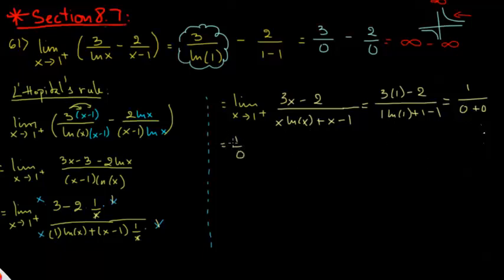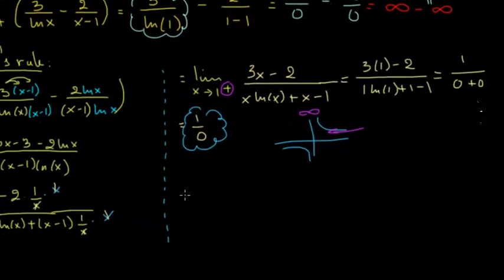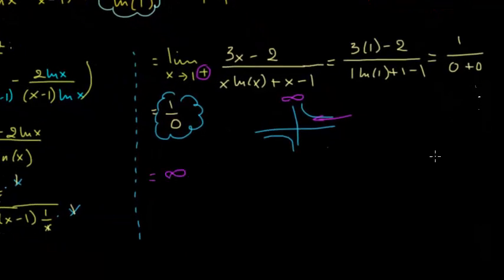As we know, the graph of 1 over 0 looks like this, and it approaches from the right, so that will go to positive infinity. That's equal to positive infinity.